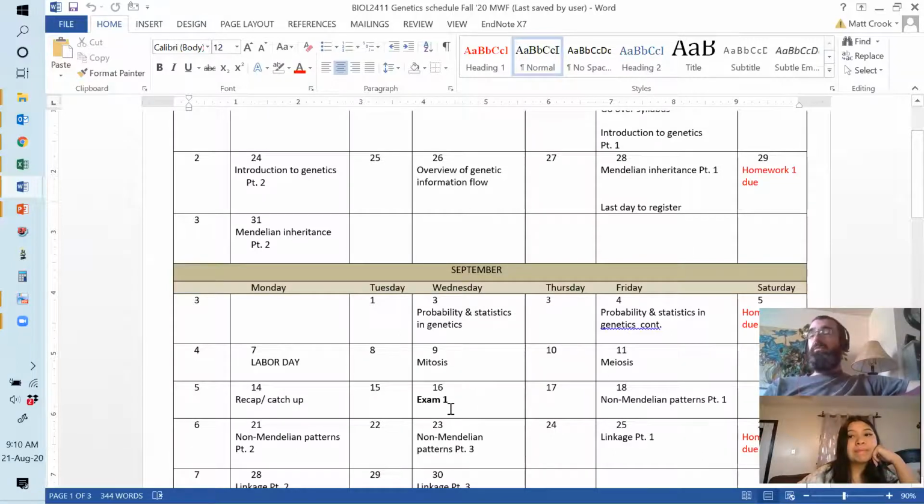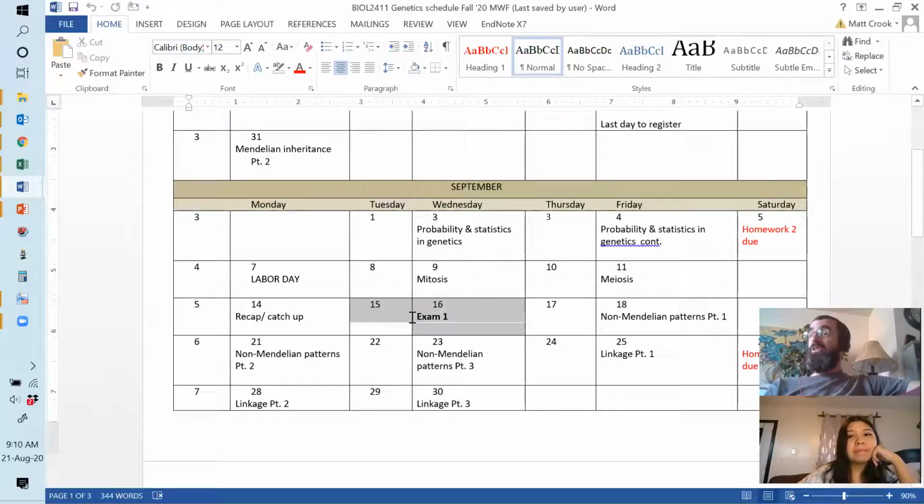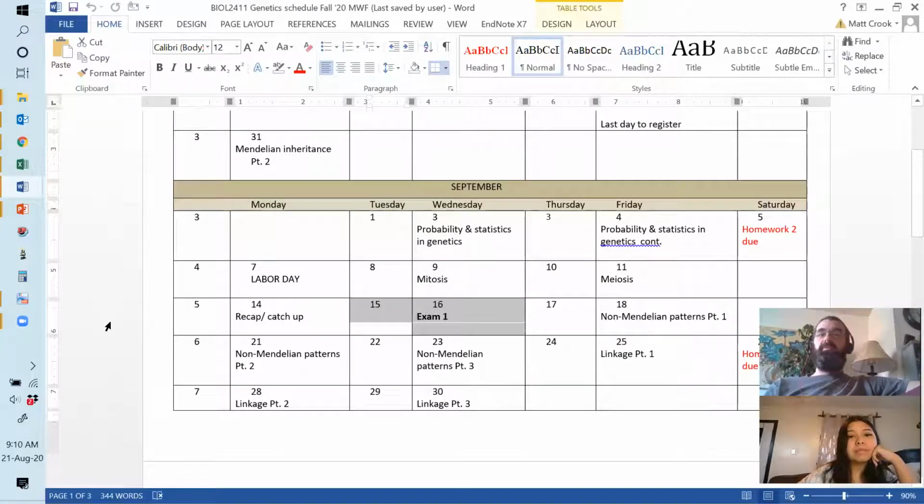Along with other important dates like first exam, things like that, which you probably don't want to be thinking about right now, but it's going to happen sooner or later. So that's one part of it, right? And part of the reason for doing that is because I want you to get really rigorous about how you plan your time.